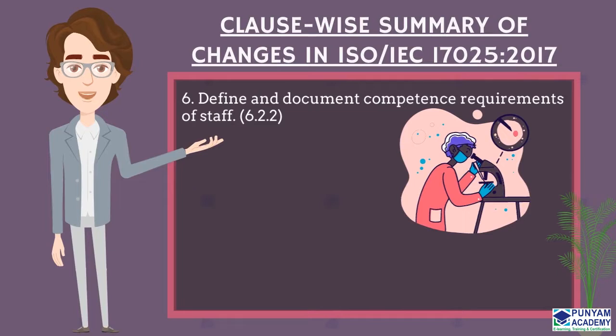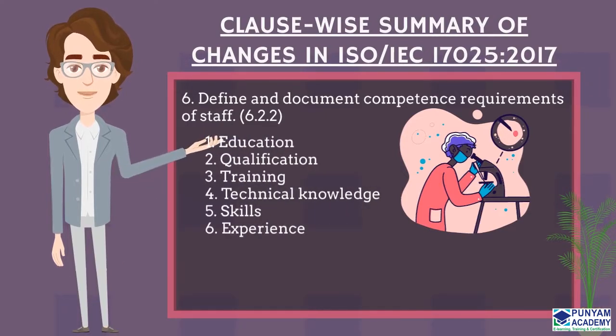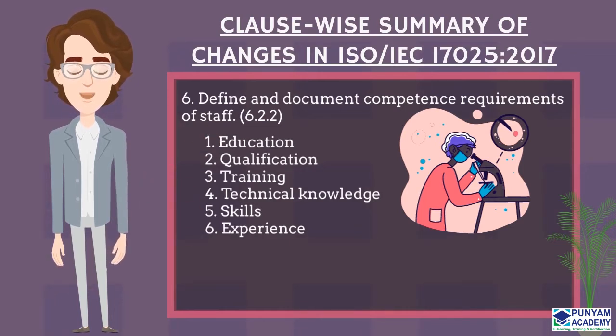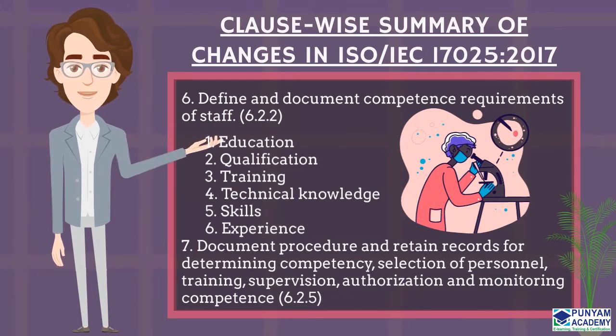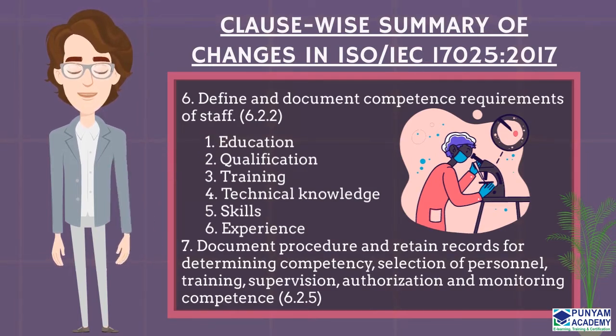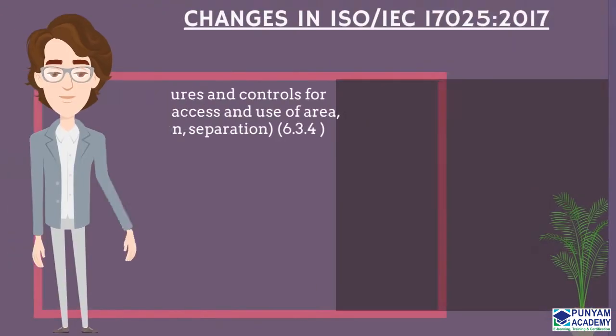6. Define and document competence requirements of staff in Clause 6.2.2: 1. Education, 2. Qualification, 3. Training, 4. Technical knowledge, 5. Skills like capacity to evaluate the significance of laboratory activities deviations, and 6. Experience. 7. Document procedure and retain records for determining competency, selection of personnel, training, supervision, authorization and monitoring competence in Clause 6.2.5. 8.